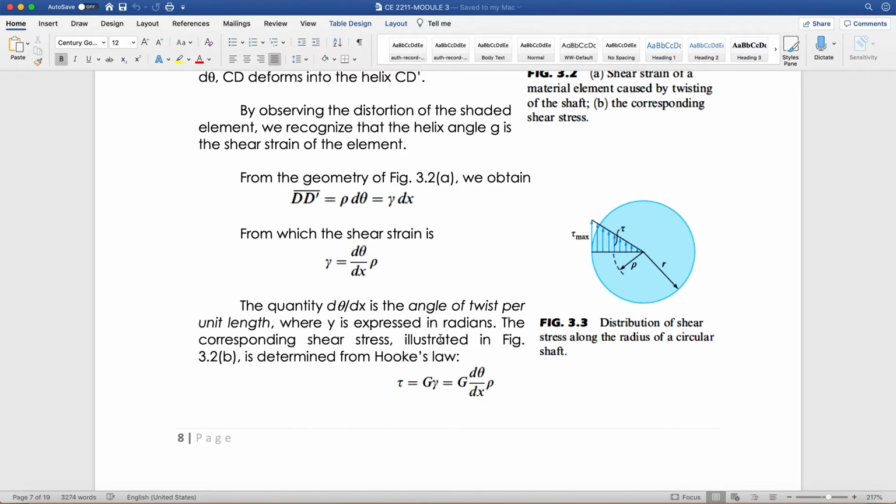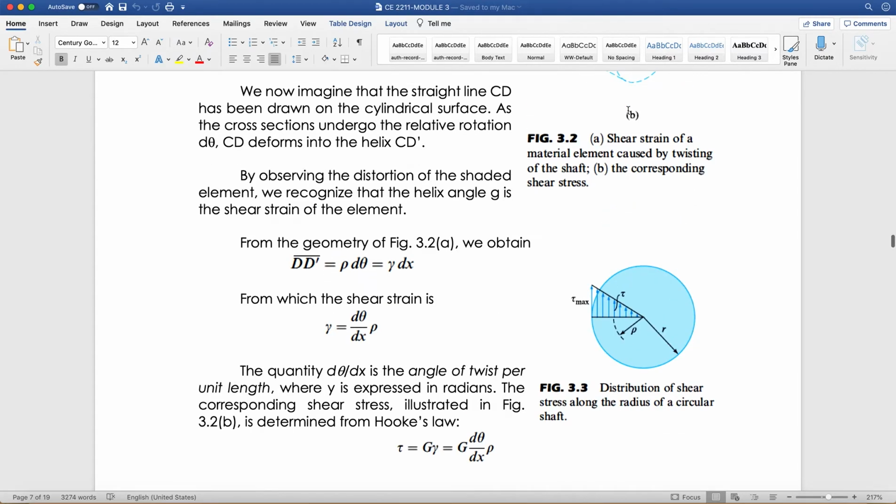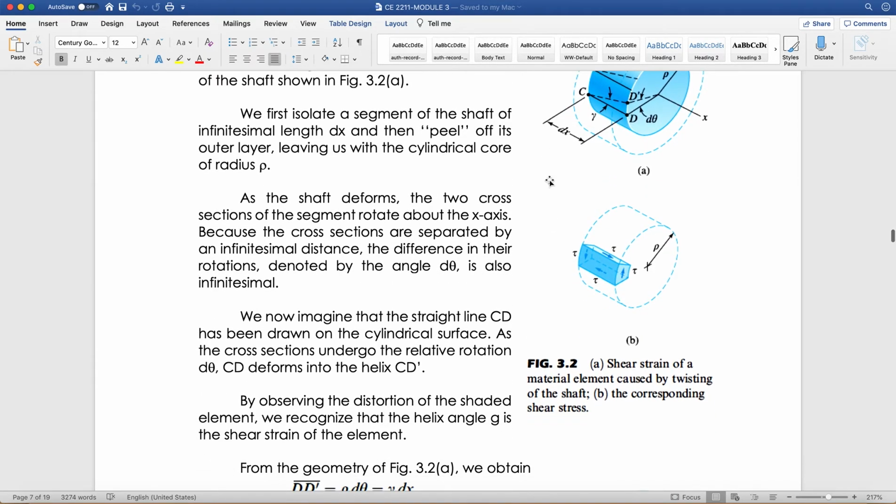The corresponding shear stress illustrated in figure 3.2b is determined from Hooke's law. So you have here the shear stress. If you have a shear stress that is clockwise, of course, to maintain equilibrium, there is a counterclockwise one. And on the cross-sectional area of our infinitesimal length, of course, there is also a shear acting.